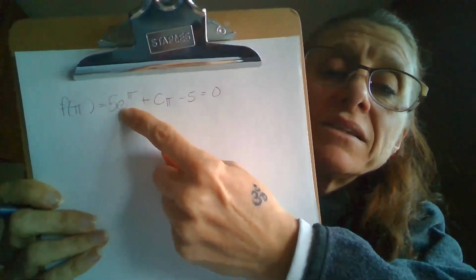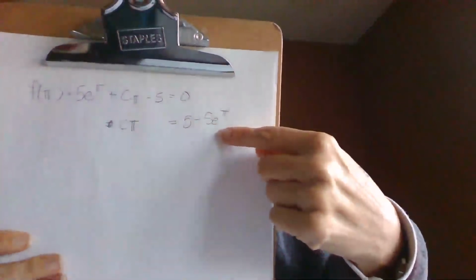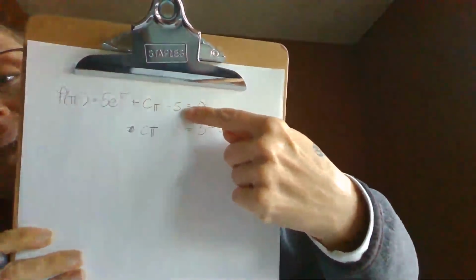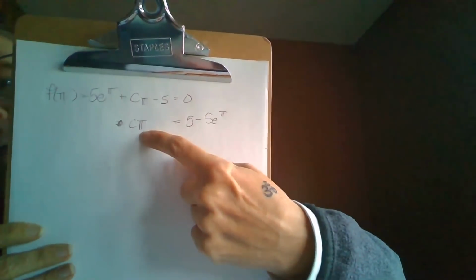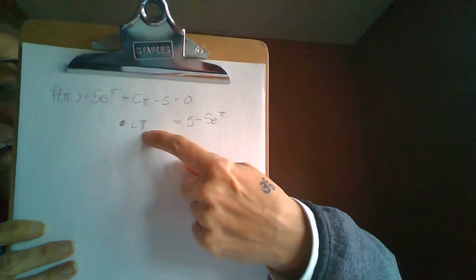I'm going to subtract the 5e to the pi, which is going to give me, the only thing that's left on the right is c times pi. And then on the left, technically, I'm moving it to the other side because I'm moving it with the 0. It's going to be 5 minus 5 e to the pi. I'm just using algebra for that to move this and this. And then the pi in the denominator comes from dividing out by pi to solve for c.